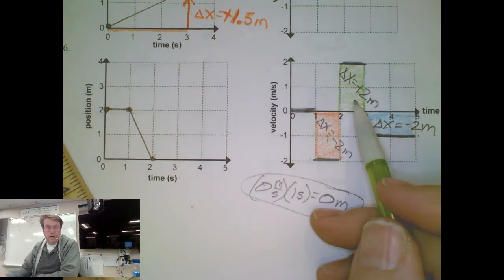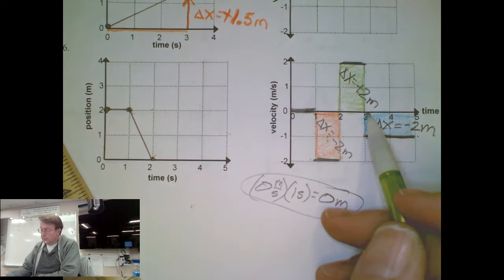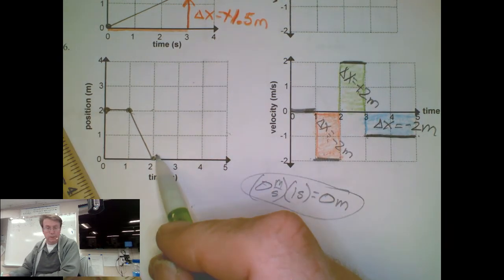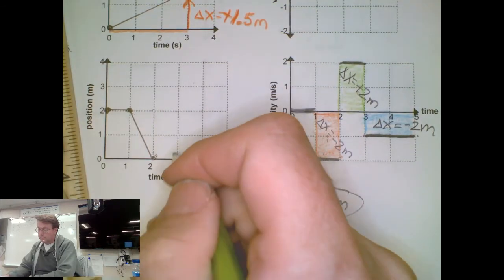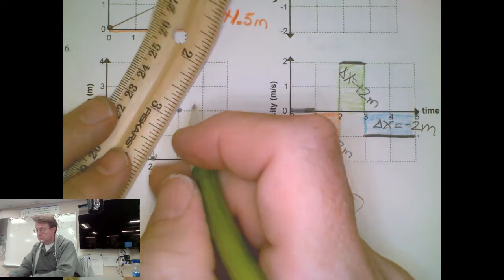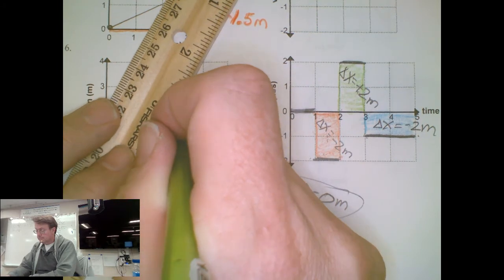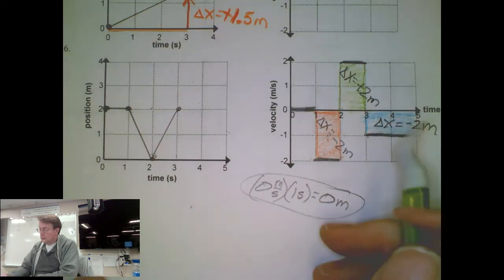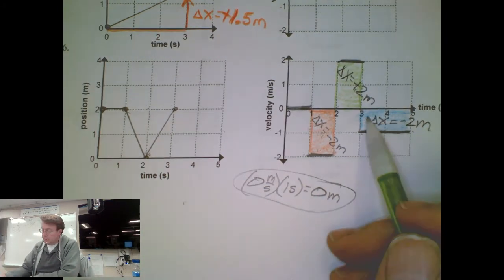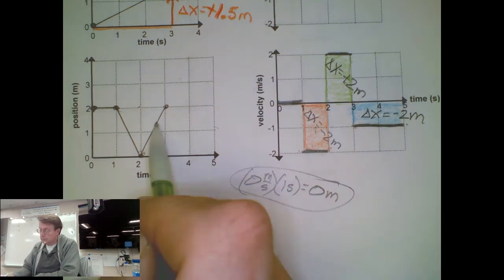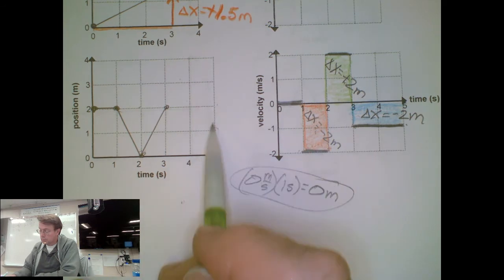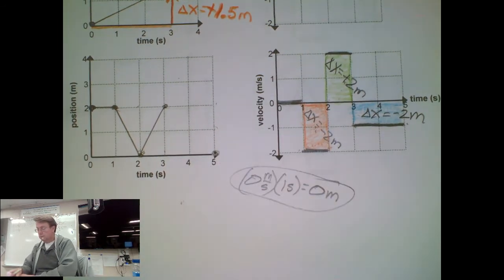And then for the next move, in a time of 1 second, I have to go up 2 meters from where I currently am. So I'll go over 1 second, up 2 meters. And then finally, for the last bit, I'm going to go down 2 meters in a time of 2 seconds.